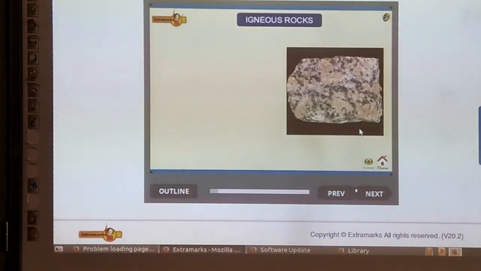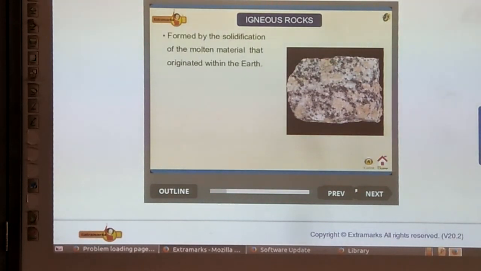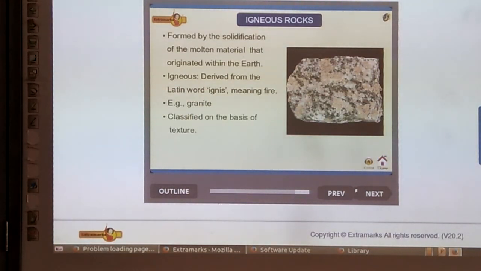Igneous rocks. These are formed by the solidification of the molten material that originated within the Earth. Igneous, derived from the Latin word ignis, meaning fire. For example, granite. They are classified on the basis of texture.